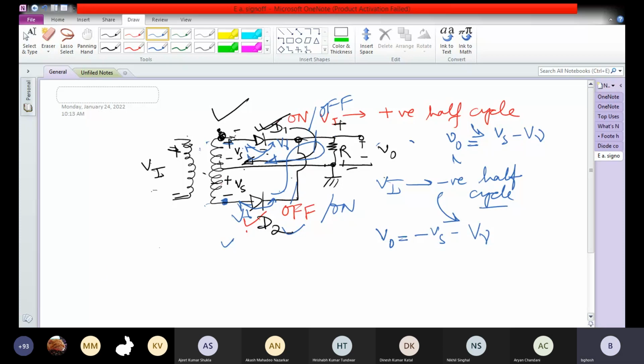So what do we have for the waveform? If this is my input waveform, Vi or Vs, here we will have my output waveform.